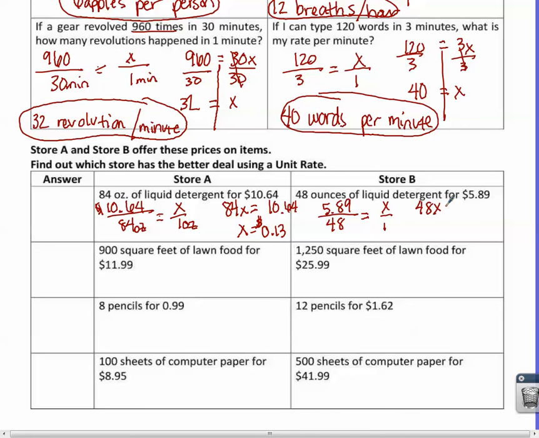You set up your problem. And you're going to figure out that you're paying $1.12 per ounce. So although you're spending $10.64, you're actually getting the better deal at store A because you're spending less per ounce.